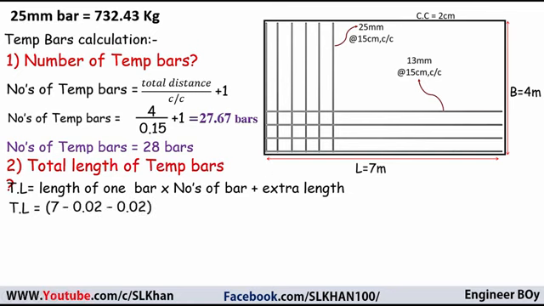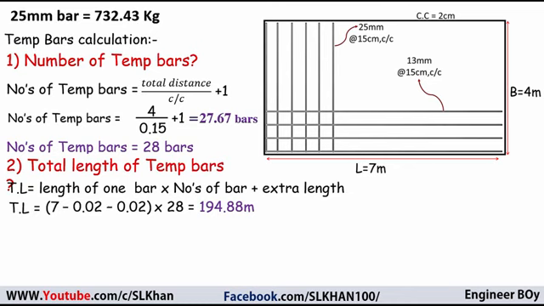All right, now times the number of bars, those are 28 bars, plus extra length. There is no extra length, because we can have a 7 meter long bar in the market, or we can order a 7 meter long bar from the market. There is nothing mentioned in the drawing about overlaps or hooks or about extra length. So this can be 0.